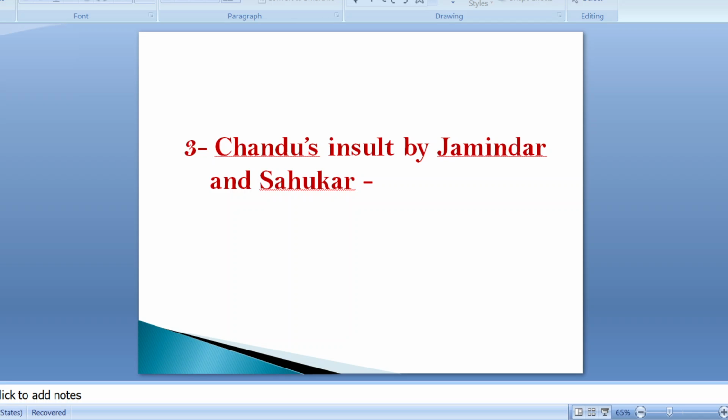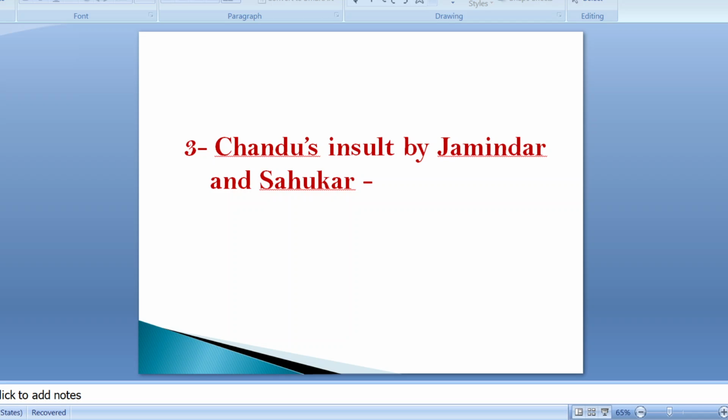When Chandu wore the doctor's dress and went to shave the Zamindar and Sahukar, they insulted him greatly. And what happened after the insult of Chandu? Just have a look at our next point. Chandu wore the new doctor's dress which he had bought, and when he went to shave the upper caste people of the village like Zamindar and Sahukar, wearing his new dress, he was insulted by the people.